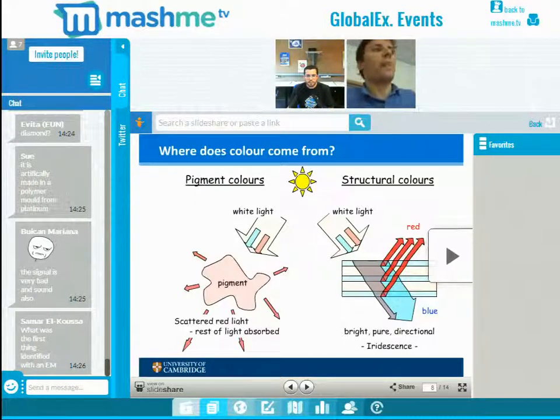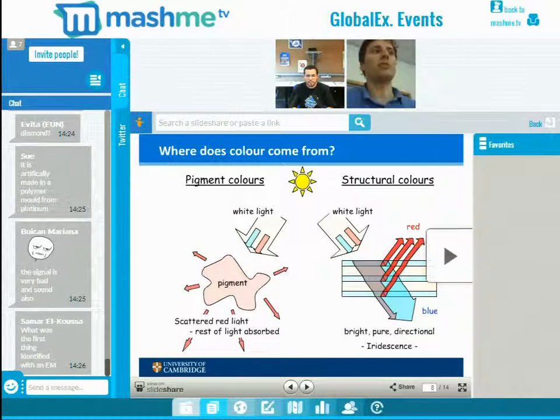Sorry. So as you can see here, there are two different mechanisms by which color is generated. The one mechanism is using pigment. This is how normally everything is colored. You have a pigment that absorbs different components of the white light.